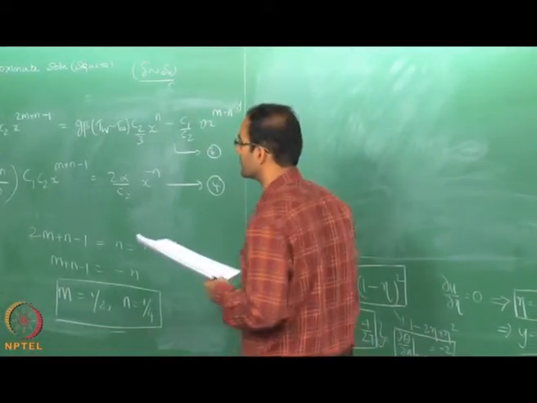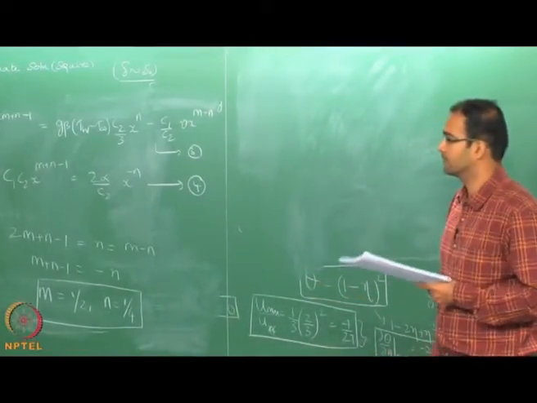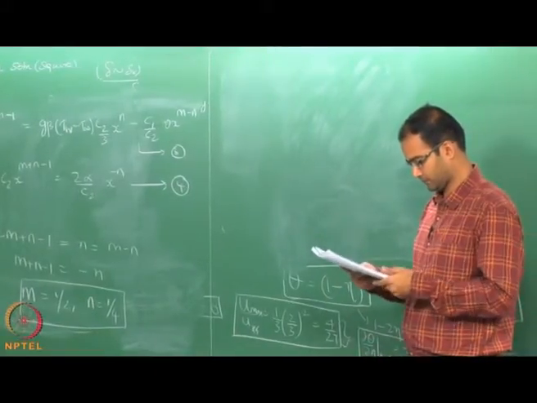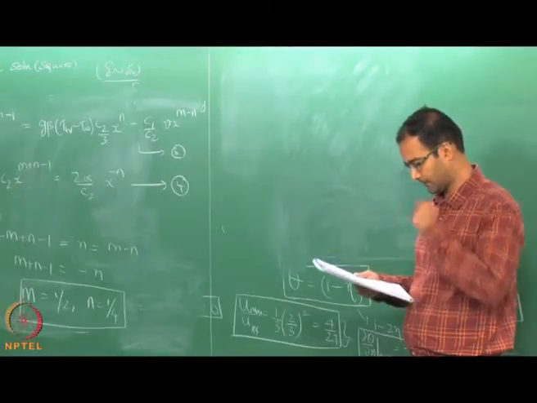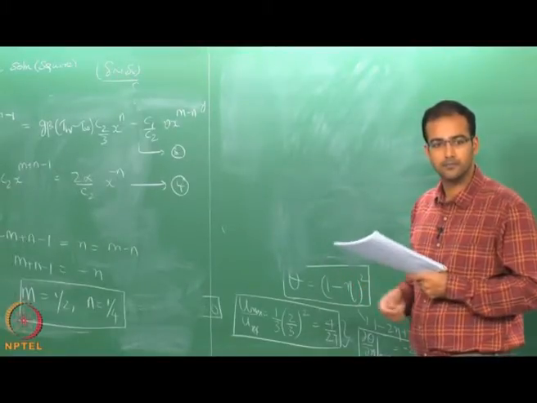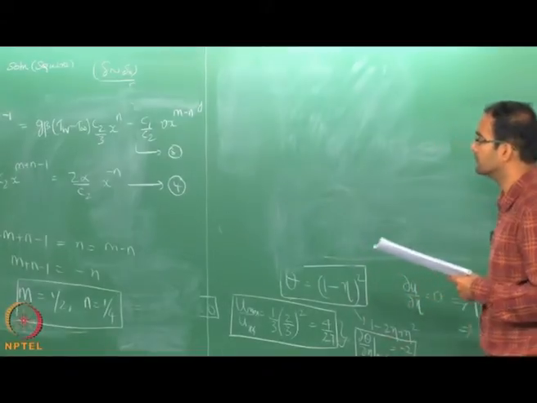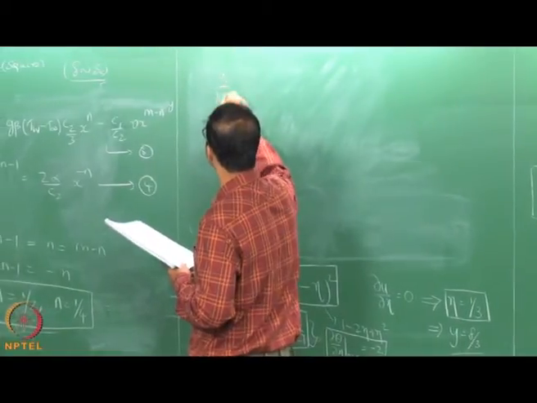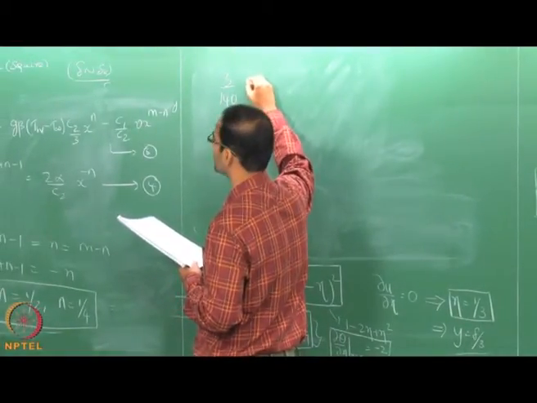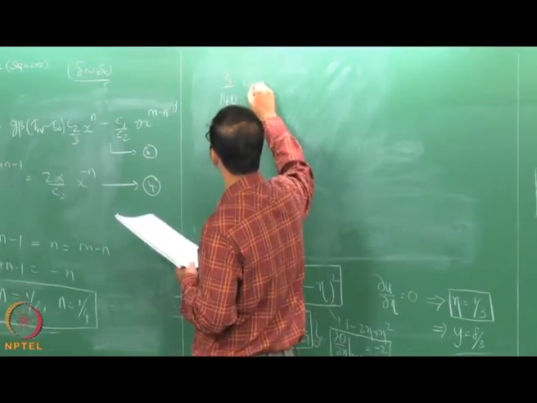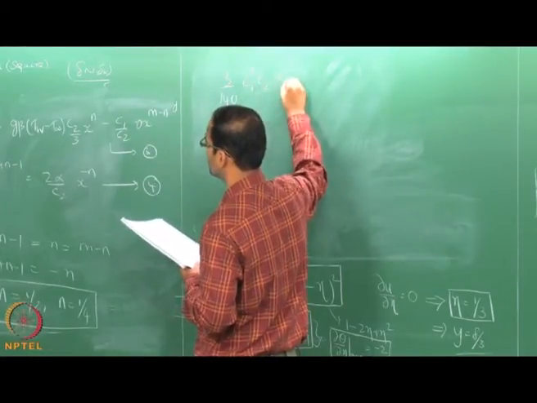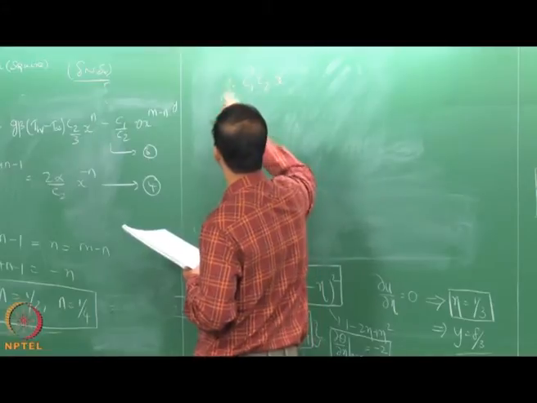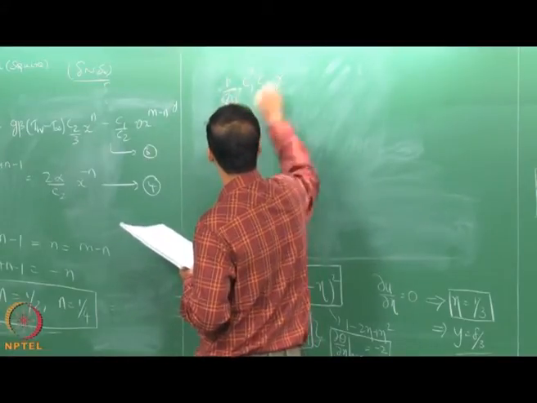So, what will be 2m plus n by 105? 3 by 140 into, what is the exponent of x here? So it's 1 by 4. So it's 1 by 84, not 3 by 4. 1 by 84. And this should be x power 1 by 4, right.